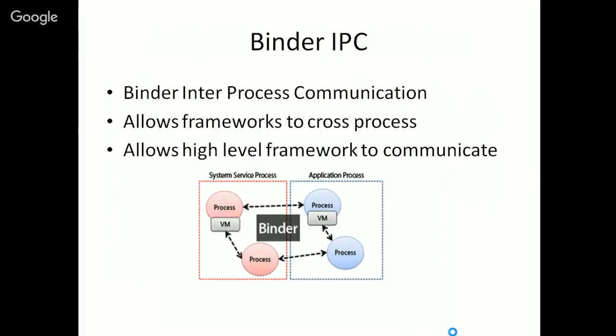Actually, what binder IPC does is it allows frameworks to cross-process. There are different frameworks, as we know, in Java as well. It allows a high-level framework to communicate with the lower level. When you start any kind of application, that application needs to know what is going on with its particular hardware.